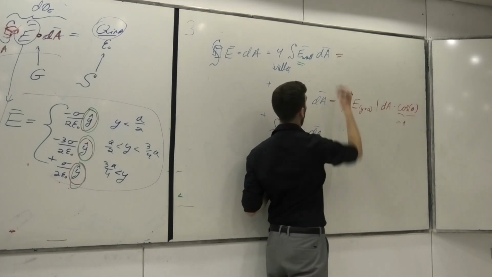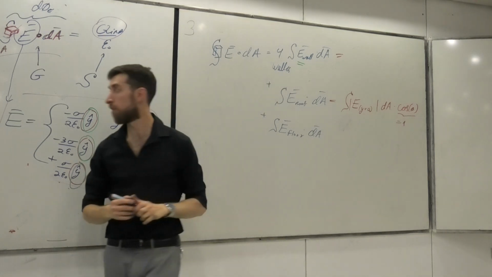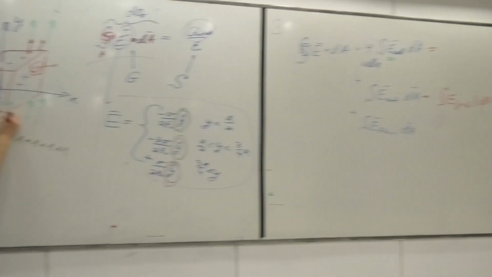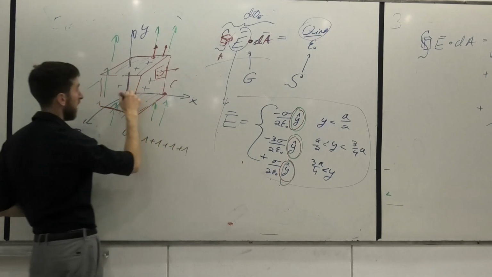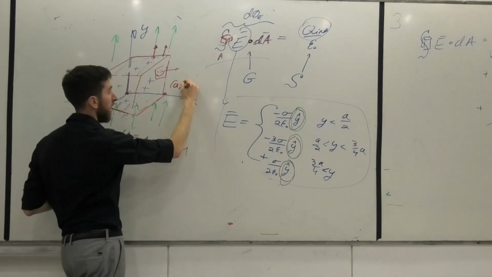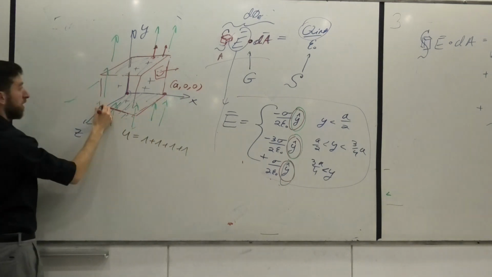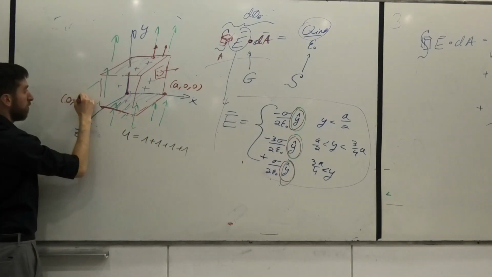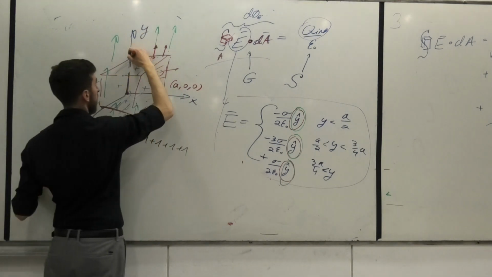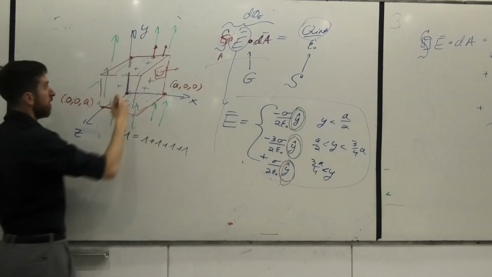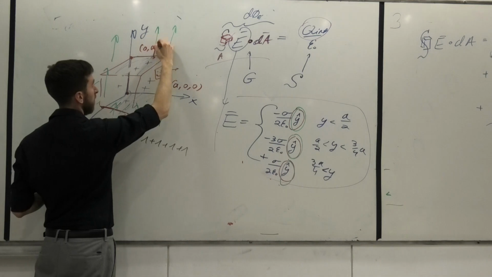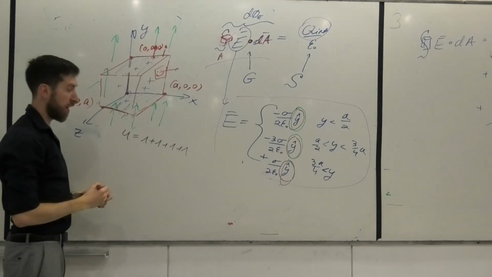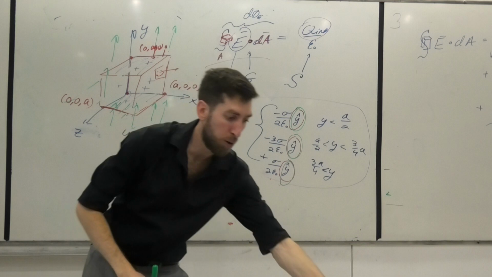What happened to the walls? Let's go back to the walls. I didn't draw it, but this point is A, 0, 0, this one is 0, 0, A, and this one is 0, A, 0. This is the box.